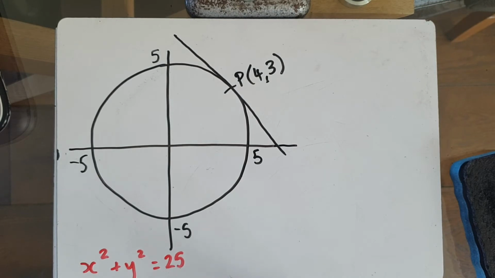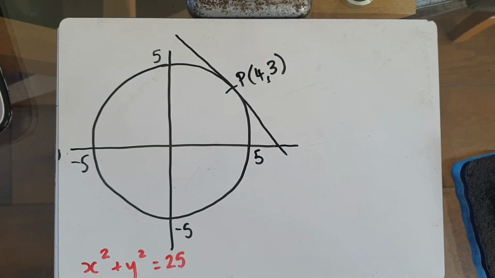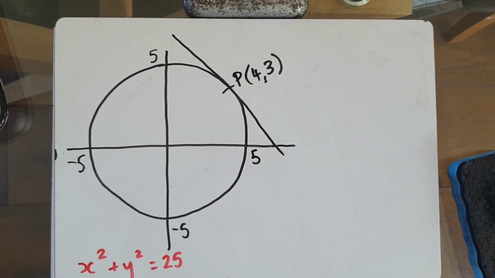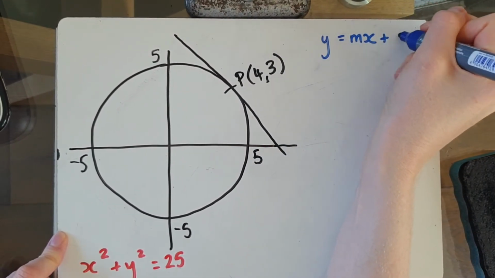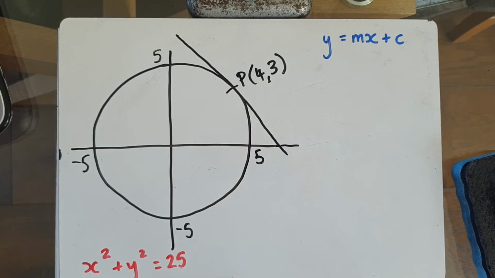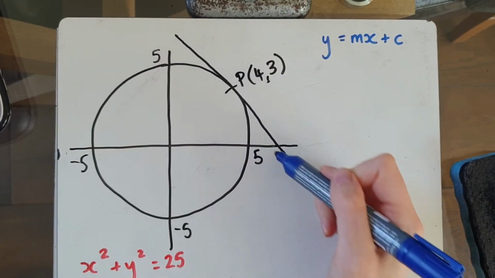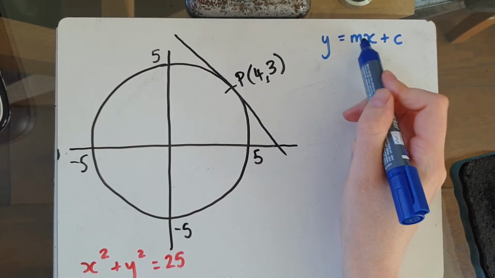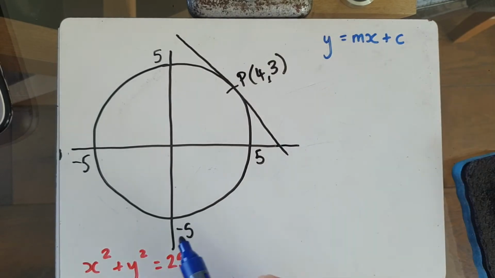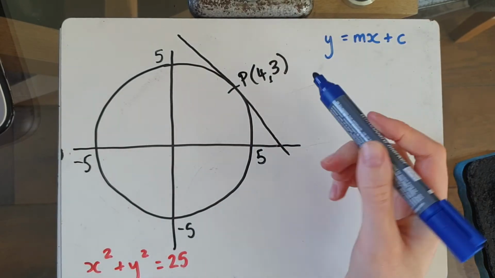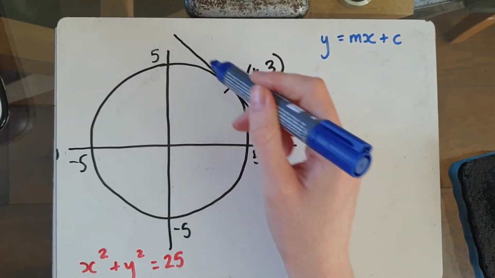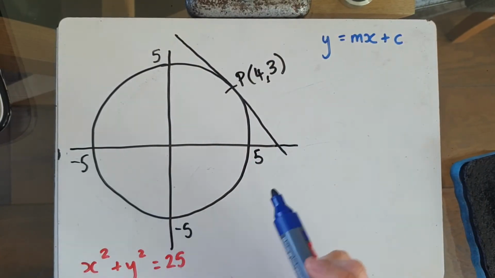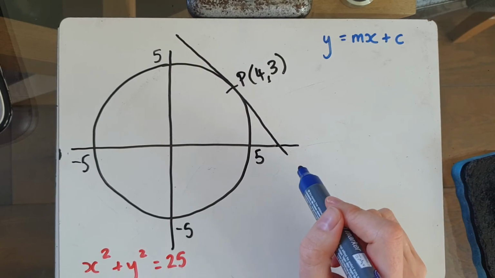So it's just equation of a straight line. A straight line has the equation y equals mx plus c. So we want to find an equation for this line that is y equals the gradient times x plus some constant. We do not have enough information about this straight line to find the gradient or the constant either.